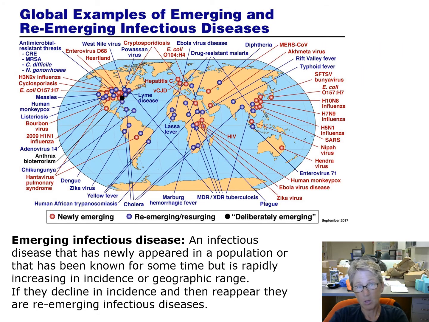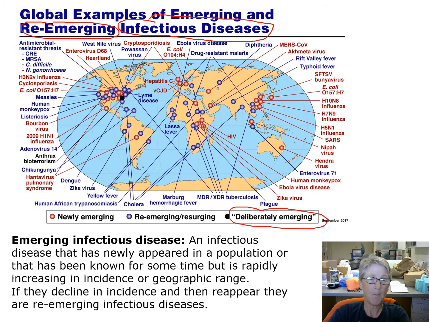Then you can look at the different infectious diseases, and you can decide if they are an emerging infectious disease or a re-emerging infectious disease or a deliberately emerging infectious disease.